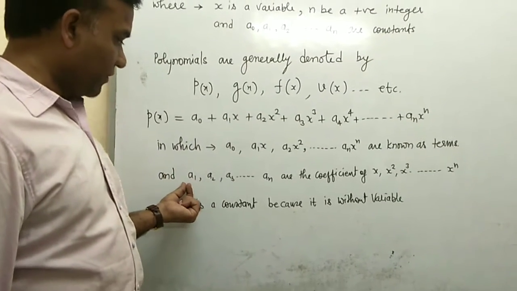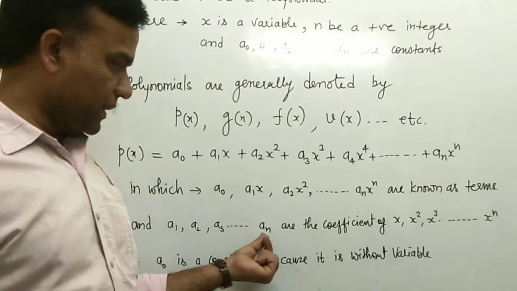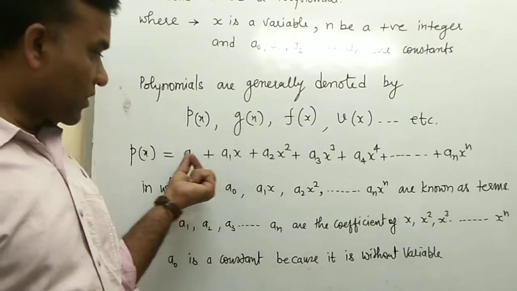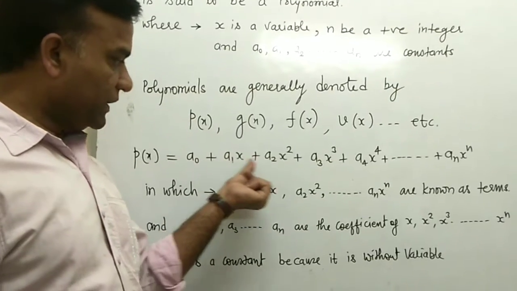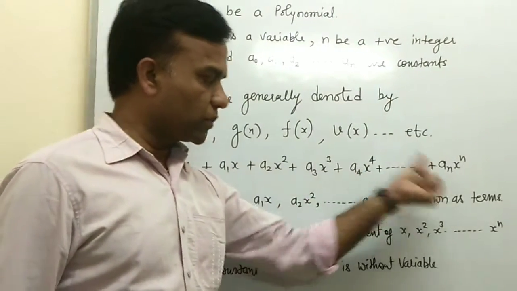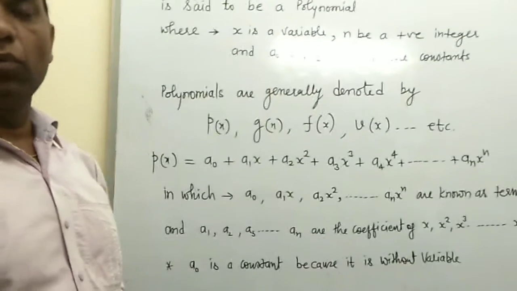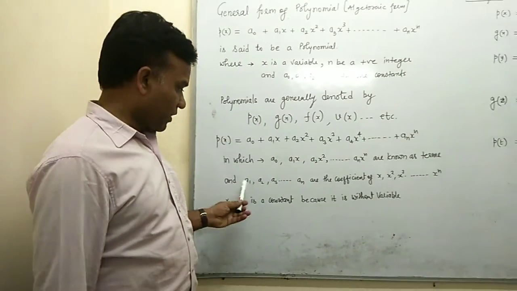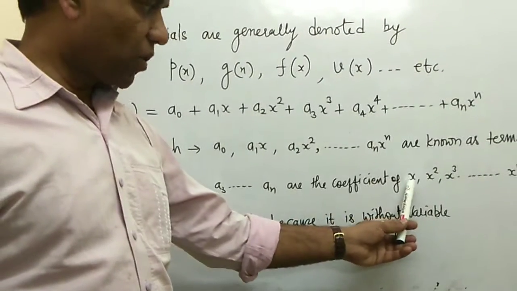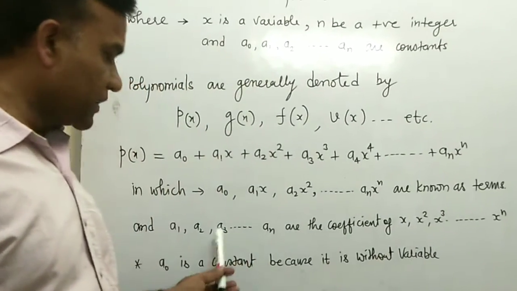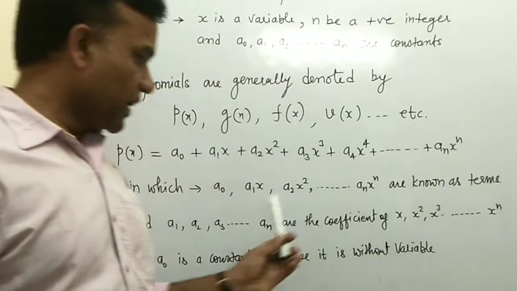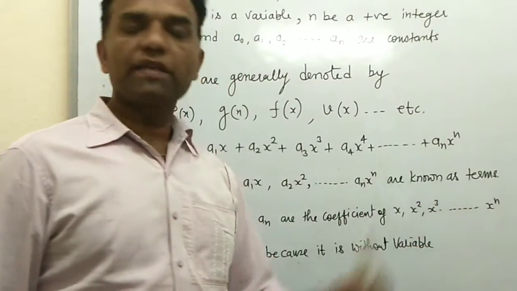Now a1, a2, a3 up to an, starting from a1 because a0 does not have the variable, are all the coefficients of the variable x. a1 is the coefficient of x, a2 is the coefficient of x square, a3 is the coefficient of x cube, and an is the coefficient of x to the power n.